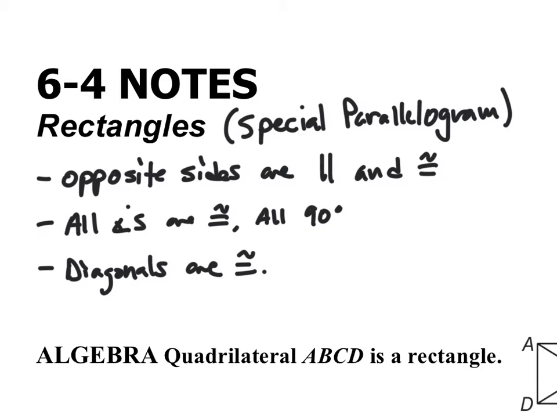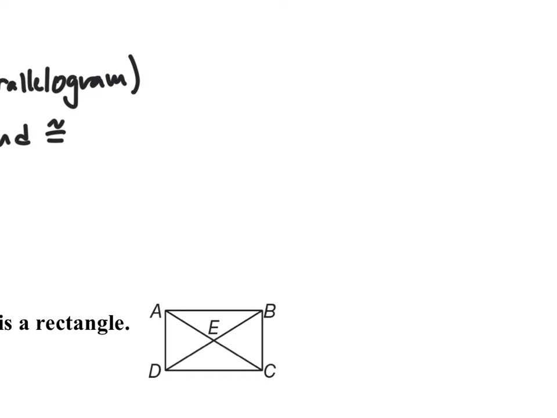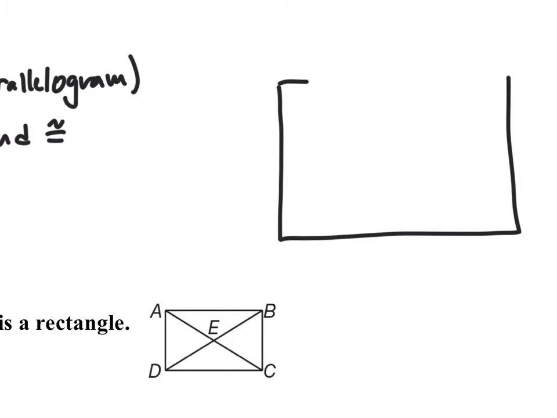So let's go ahead and draw a picture of a rectangle. I'm going to come in here and draw a straight line like that, and like that, like that, and like that. I'm going to call this rectangle ABCD. The first thing I know is the opposite sides are congruent.